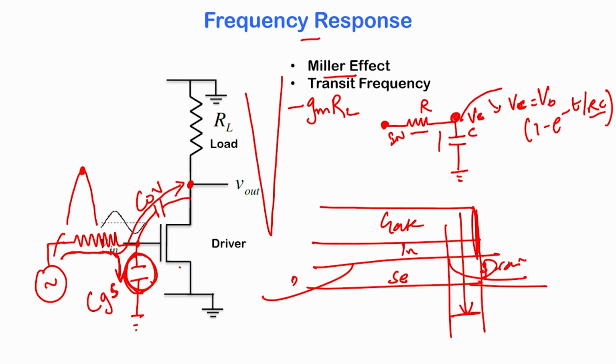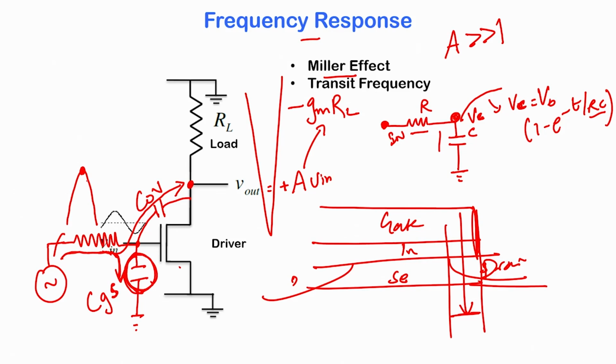But now since the circuit is giving you a gain, your V out is A times V in, where A is minus GMRL, A is a negative number. And since A is designed to be much greater than 1 in magnitude, your V out is going to be an amplified negative going voltage as compared to V in.